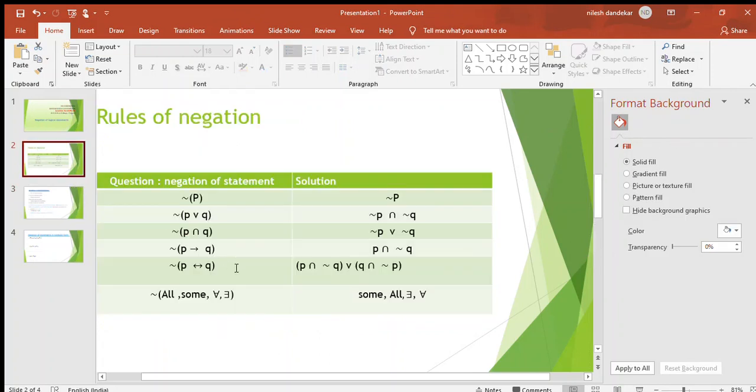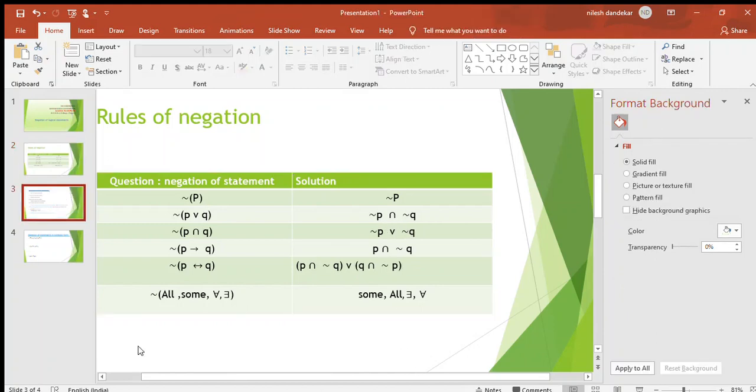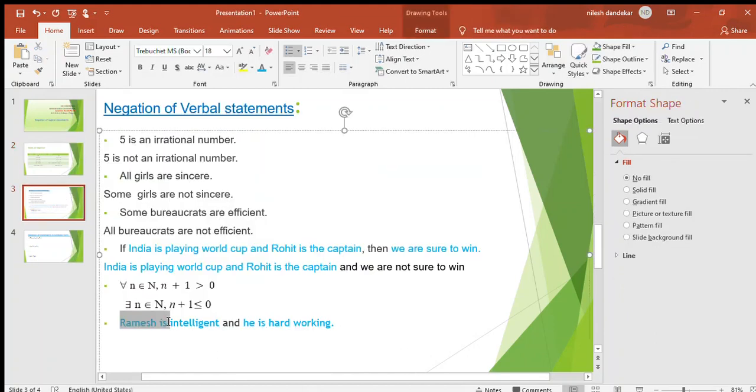It states that just do the opposite of the individual statements, and on the place of and write or. So Ramesh is intelligent is a single statement; Ramesh is not intelligent.